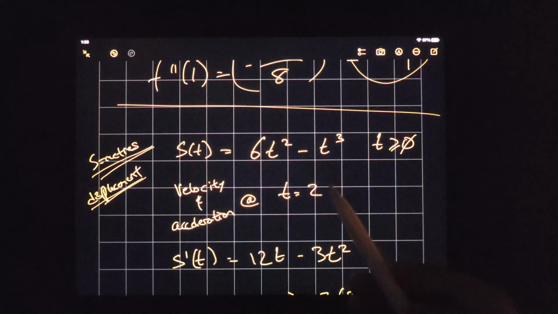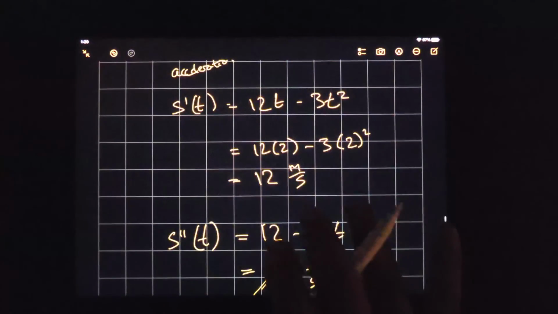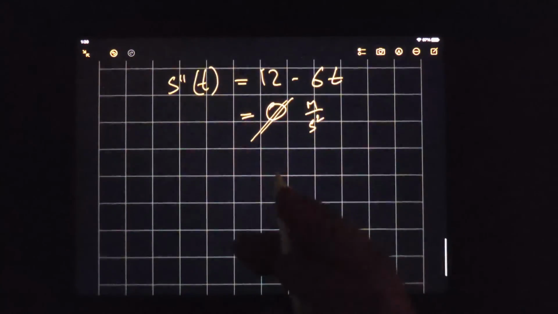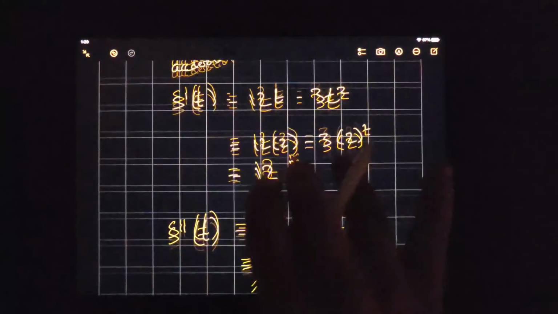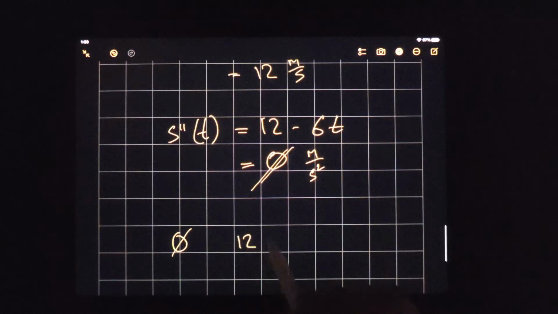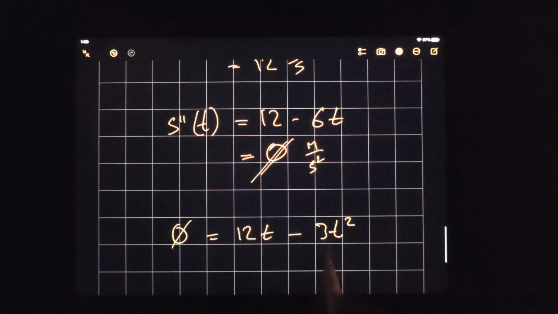So when an object is at rest, it means it's not moving, which means when our s prime is equal to 0, so 12t minus 3t squared equals 0. You can actually just factor this out.